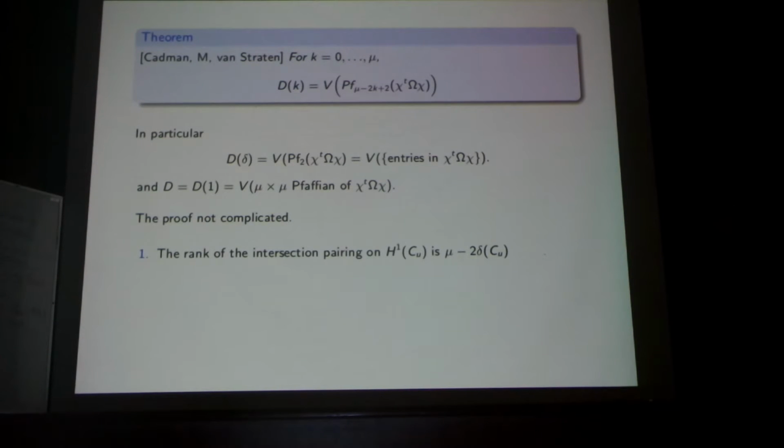The rank of the intersection pairing on H1 of Cu is just u minus 2 delta of Cu, because that's the rank of the homology of the normalization.